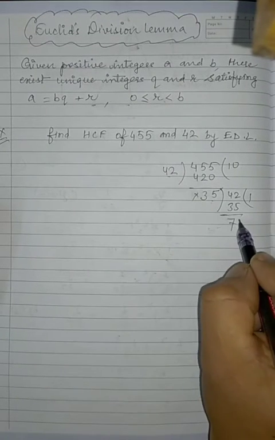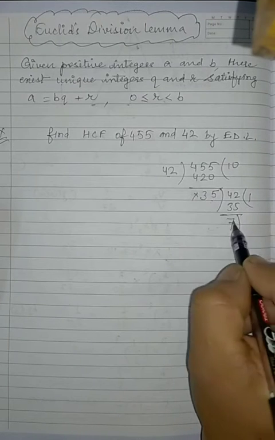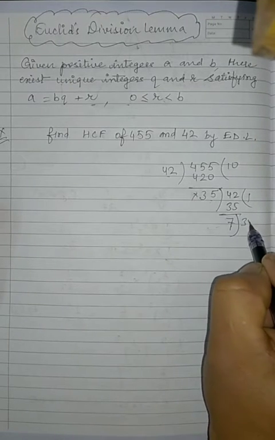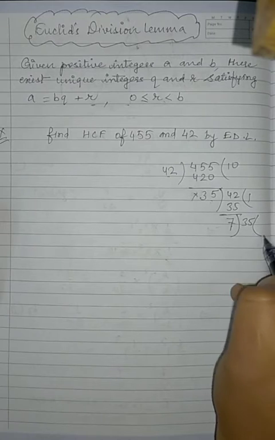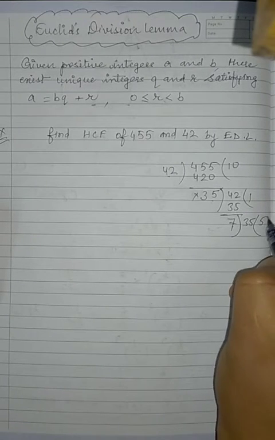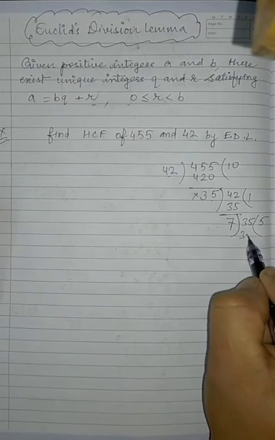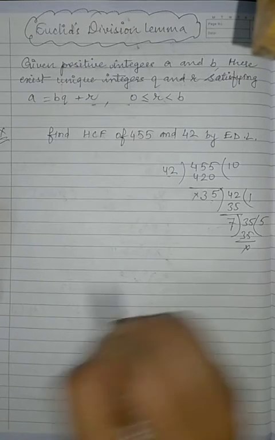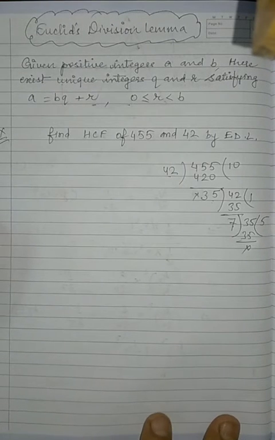One more time, continuing the division, 7 dividing 35, and we get 7 fives are 35, and at last the remainder becomes 0.